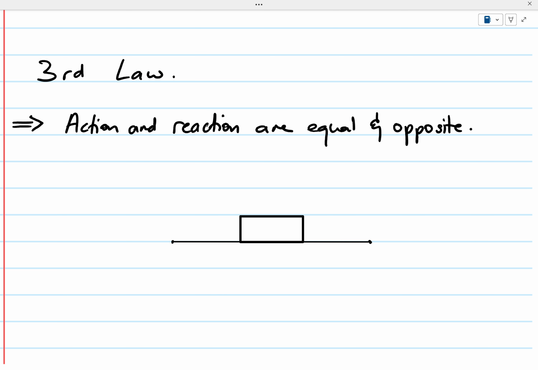And it is going which way? Downwards, leftwards, whatwards? X direction, Y direction. Alright? So it's acting directly downwards, right? We have the weight of the box, W, right?